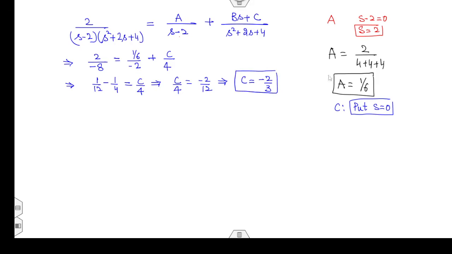Fine. How can you find the value of b? I can multiply the given equation by s and take the limit as s approaches infinity. These are shortcut tricks. So I can multiply this complete equation by s.